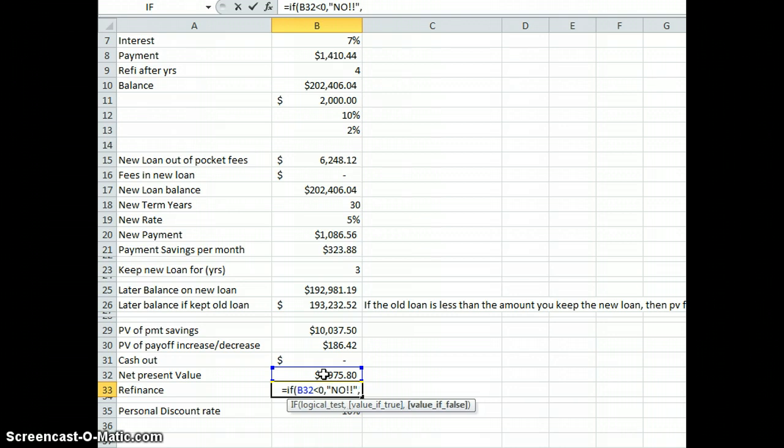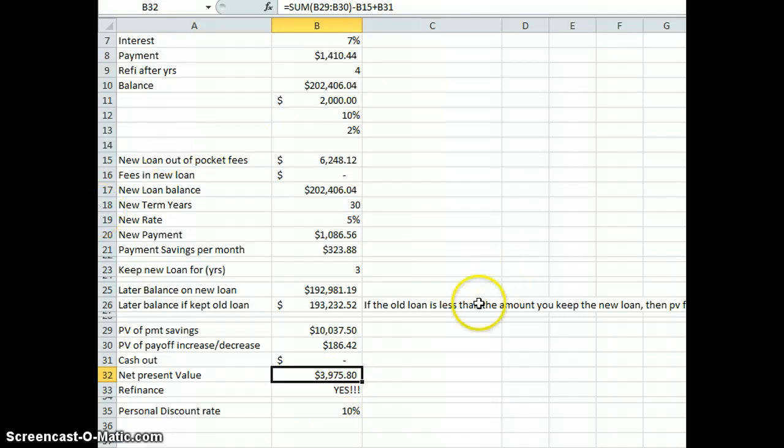Otherwise, if it is, yes. Lots of exclamation points. And so since our NPV is above, it's obviously a definite yes.